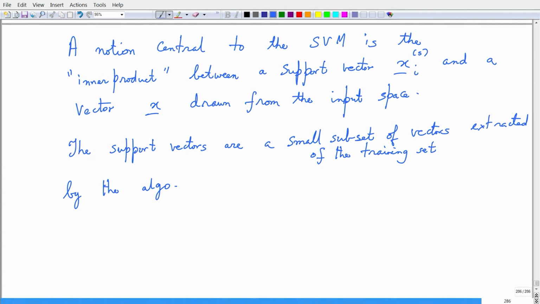So, here instead of inner product, I would say inner product kernel would be the right idea, because I have an inner product kernel between a support vector and a vector x drawn from the input space. I will discuss what the support vectors are and the geometry of the support vectors over the next set of slides.